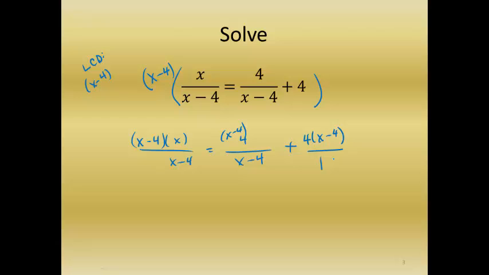So what happens is that this x minus 4 cancels and you get an x, and this x minus 4 cancels and you get a 4, and this one doesn't cancel, so you get 4x minus 16.